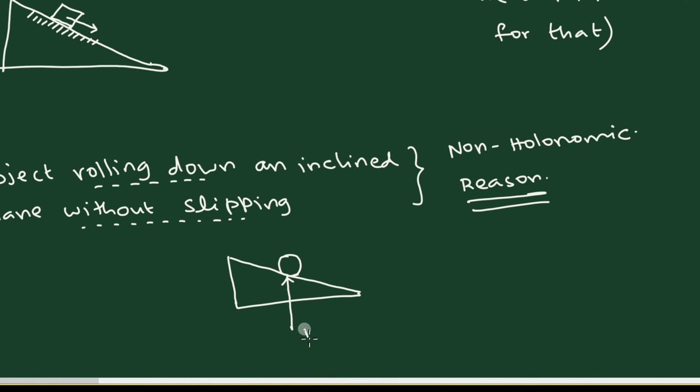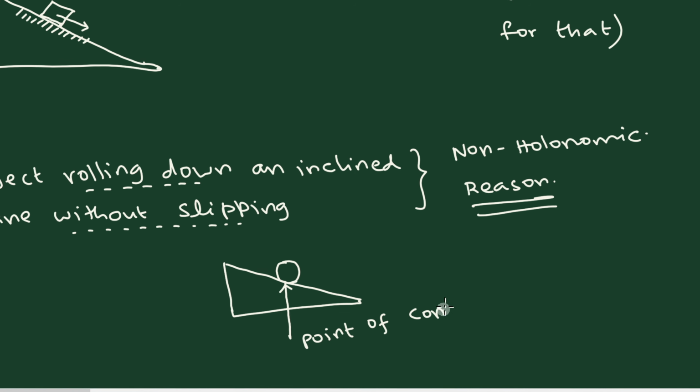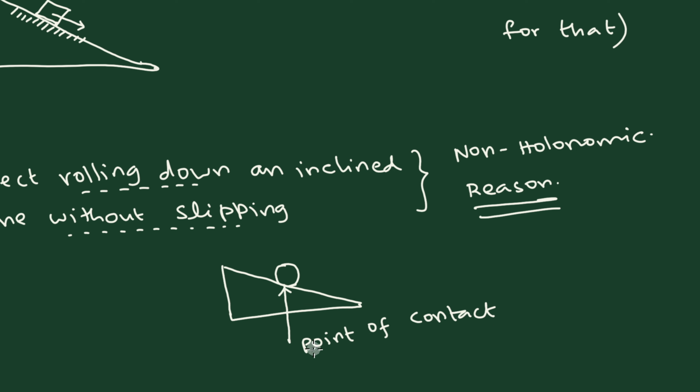So this is the point of contact, between the sphere and the inclined plane. There is only one point of contact. All other points will not be in contact with the inclined plane. Because this is a spherical object, only the bottom portion is touching the plane, only that will be in contact. All other portions will not be in contact.